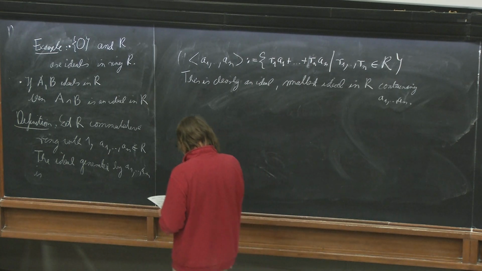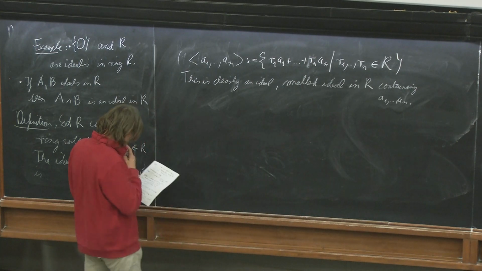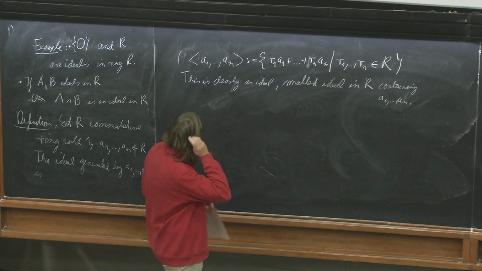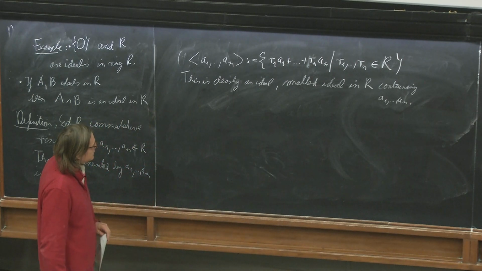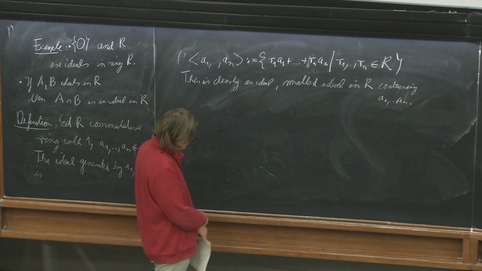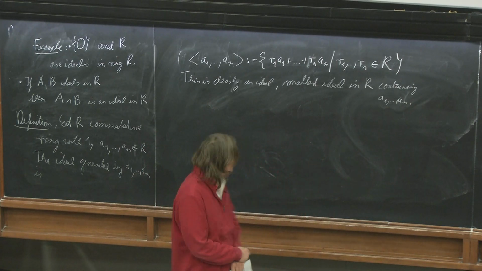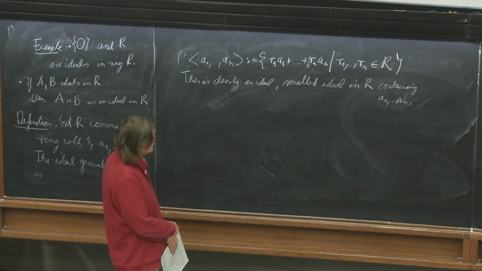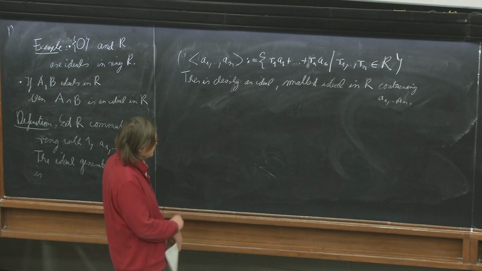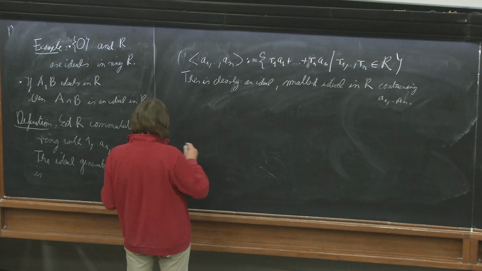Okay. So one particular case of this is the ideal generated by one element. Similar to groups, where we had the cyclic subgroup generated by one element, an ideal of the form generated by A is called a principal ideal.